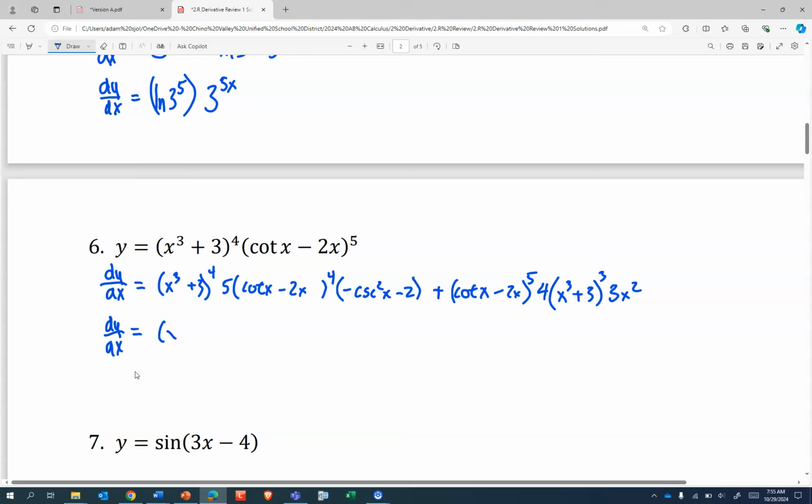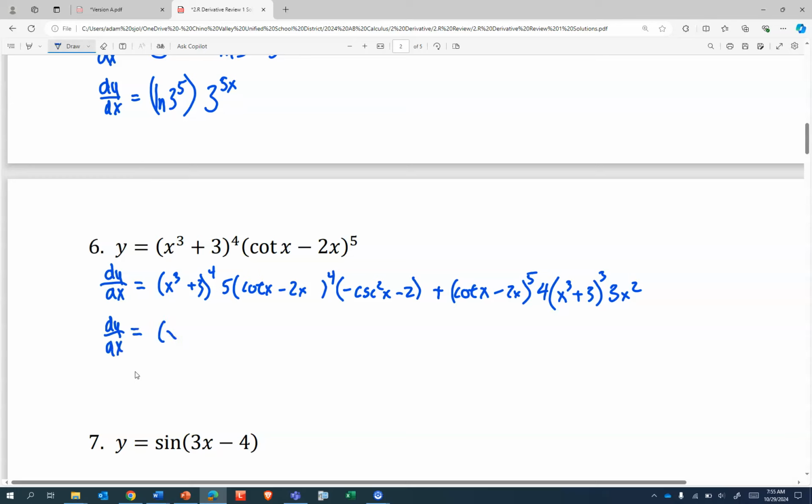And so what are we left with here? X cubed plus 3 cubed. Right? Fourth. Oh, I got those backwards. I see. X cubed plus 3 cubed and cotangent stuff to the fourth.